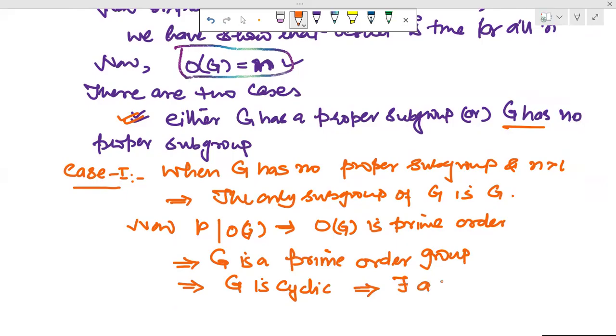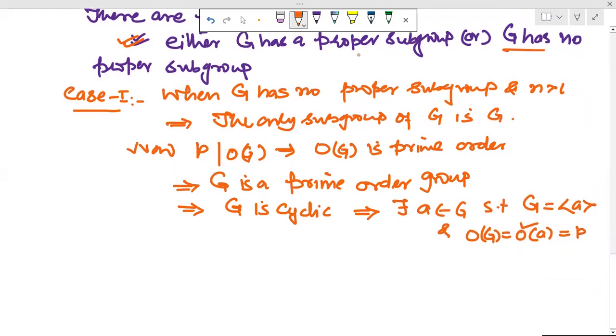So there exists a in G such that G is generated by an element, and we know that for a cyclic group, the order of G and the order of the generator are the same. So we are getting an element a which has order P. This is what we have to prove. So for case one, when it has no proper subgroup, there exists a in G such that the order of a is equal to P. So we are getting an element whose order is P.